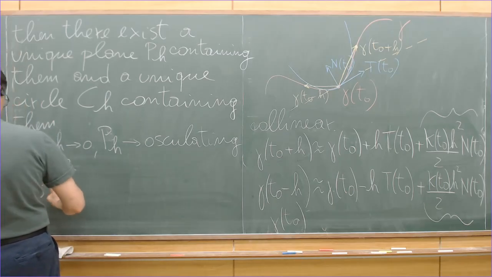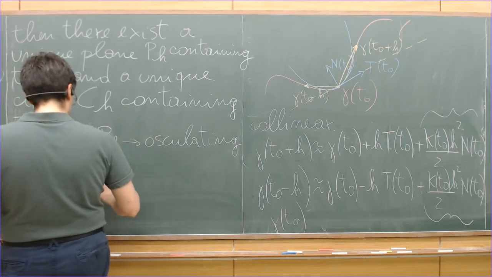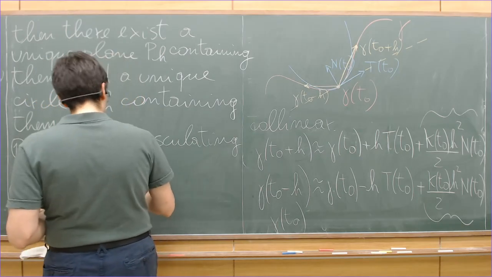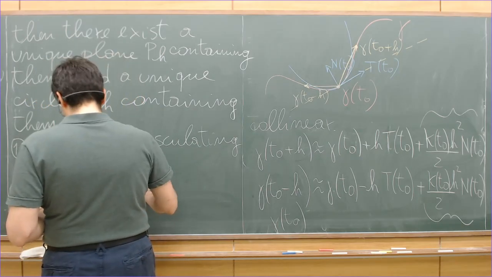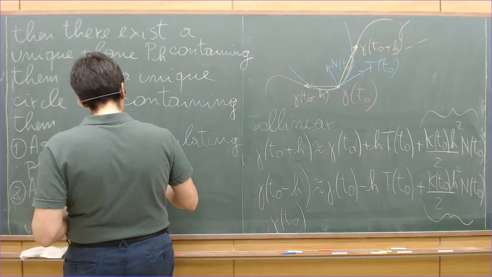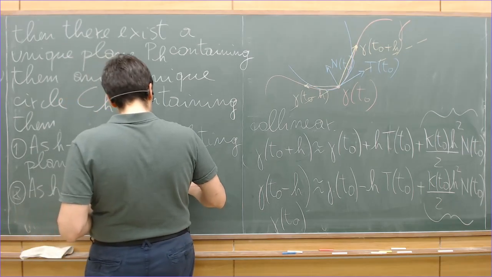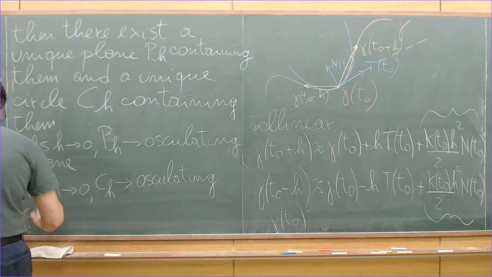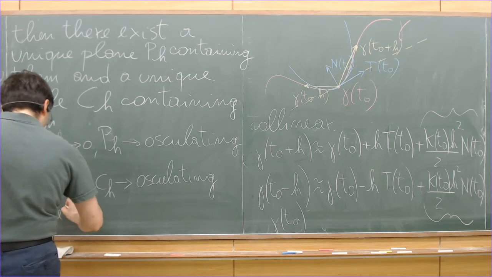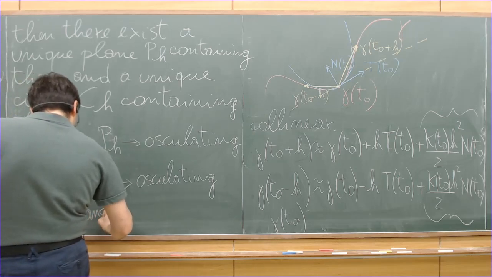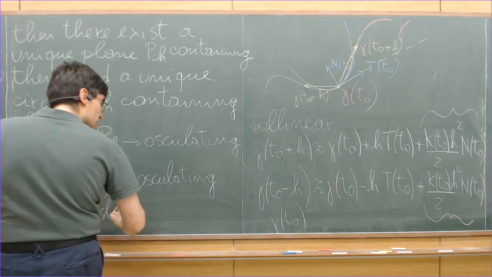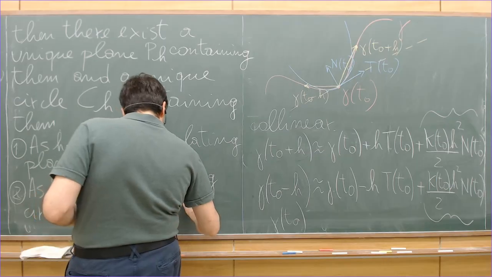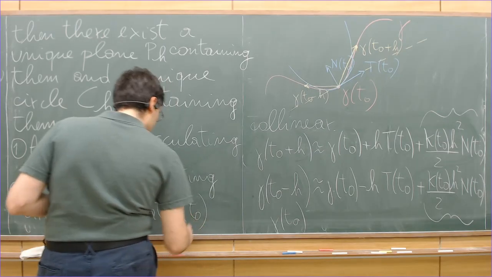as h tends to 0, C h converges to the osculating circle, translated at epsilon t0.